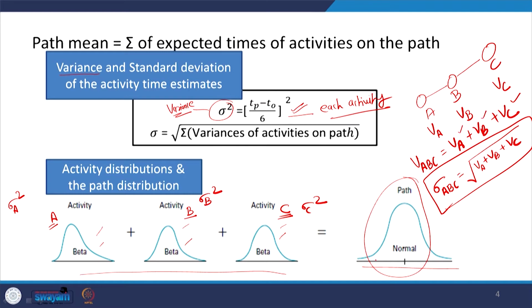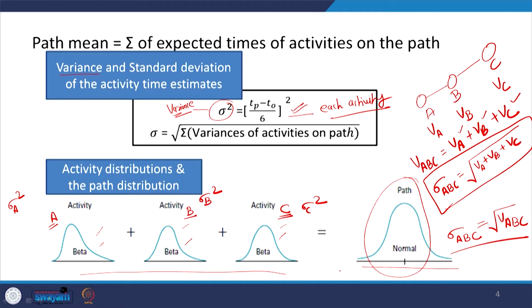And then the final variance of all these is added, and the square root is taken, that gives you the standard deviation of ABC. So, the standard deviation follows the normal distribution curve. The variance of an individual activity may follow the beta distribution, but the standard deviation of the complete path is as per the normal distribution.